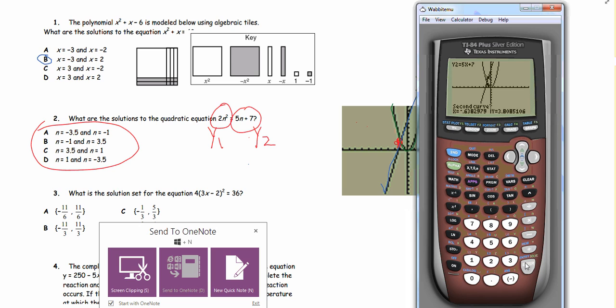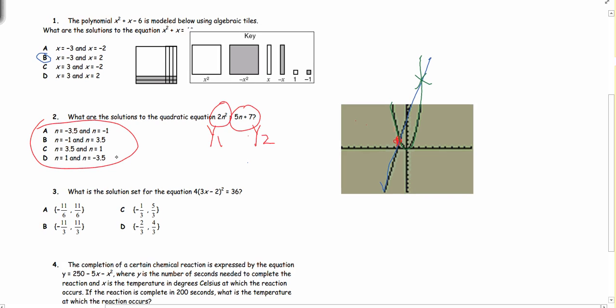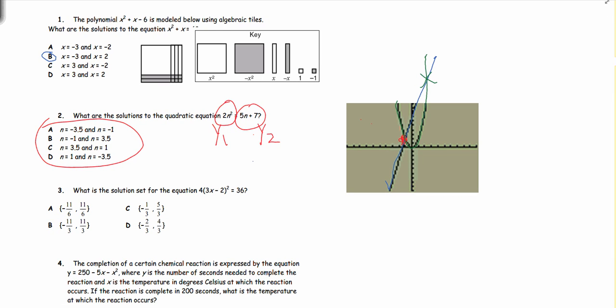Hit enter 3 times. We're going to hit enter, and there it is at -1. So just by some quick test taking strategies, we're going to eliminate answer choice D because that has n equals +1, and we're going to eliminate answer choice C.